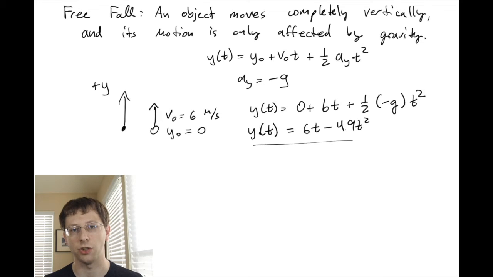And this equation describes the motion of this ball, or whatever it is, as it moves through the air until it lands. Once it has landed, gravity is no longer the only thing affecting it, so this equation is not valid anymore.